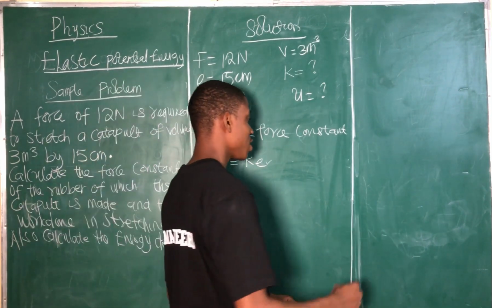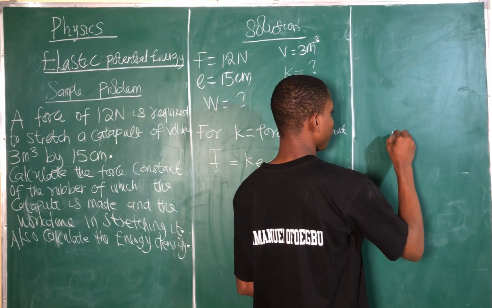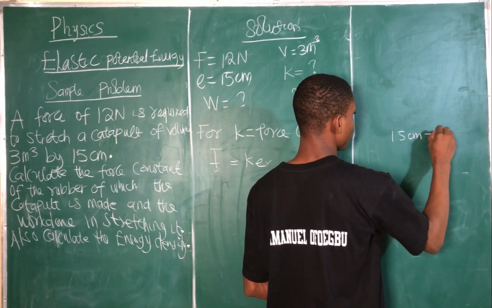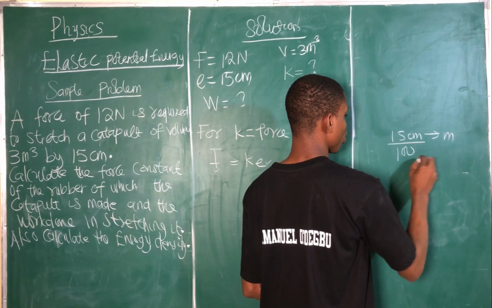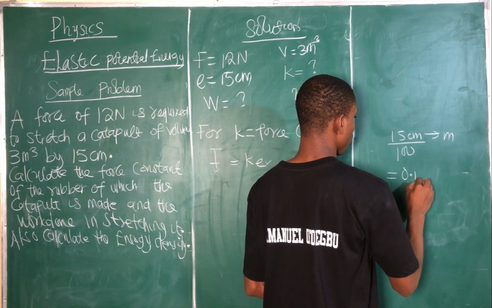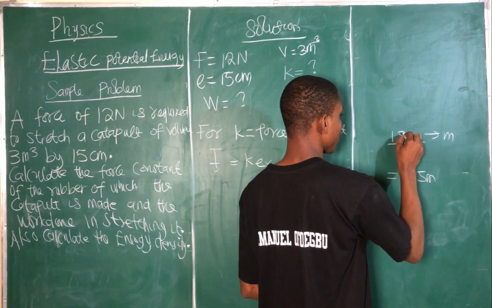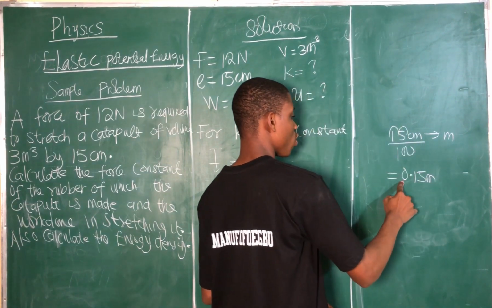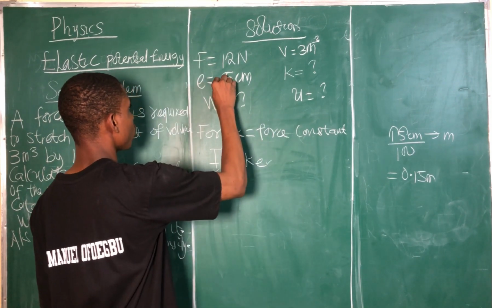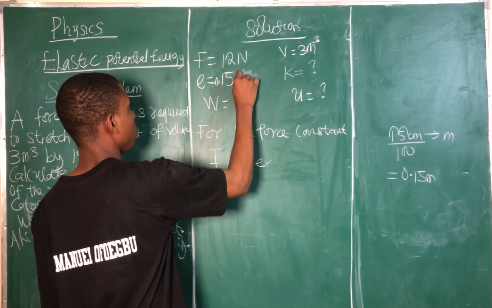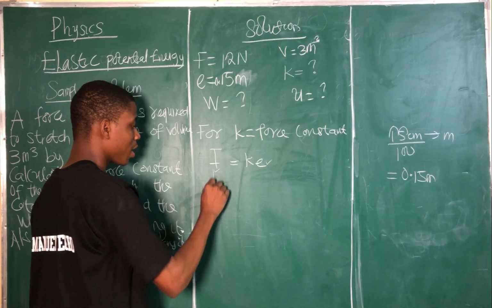Of course, the concept is easy. To convert 15 centimeters to meters is the same thing as dividing by 100. Of course, we have our answer, 0.15 meters. So therefore, this becomes 0.15 meters. So therefore, we make use of the formula.